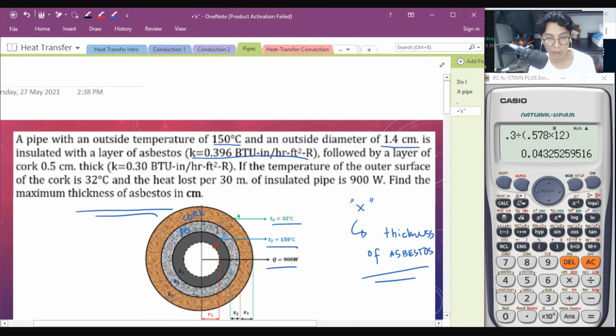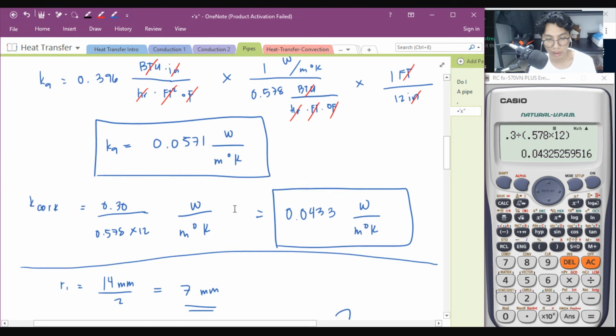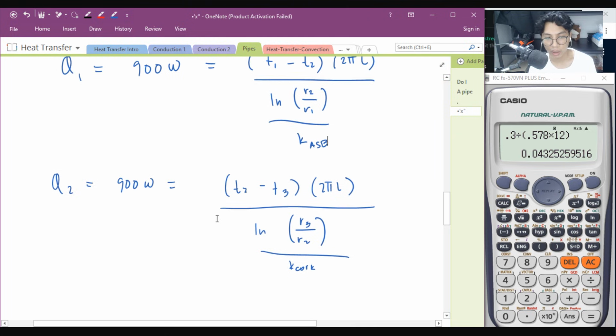Yung sa 1, 150 degrees Celsius. Okay? Outside. And then yung inside, nasaan? Binigay ba inside dyan? So, from 2 to 3, that is may x eh. Okay? Hindi natin alam. Ika-calculate natin.